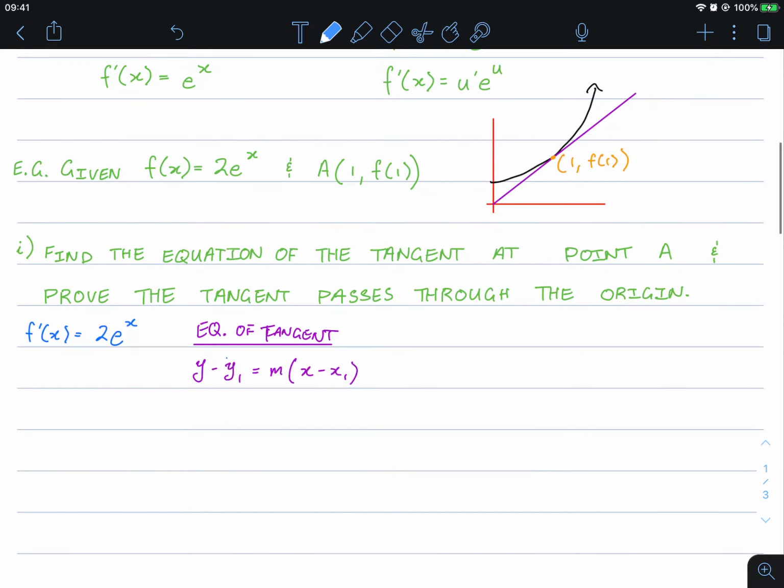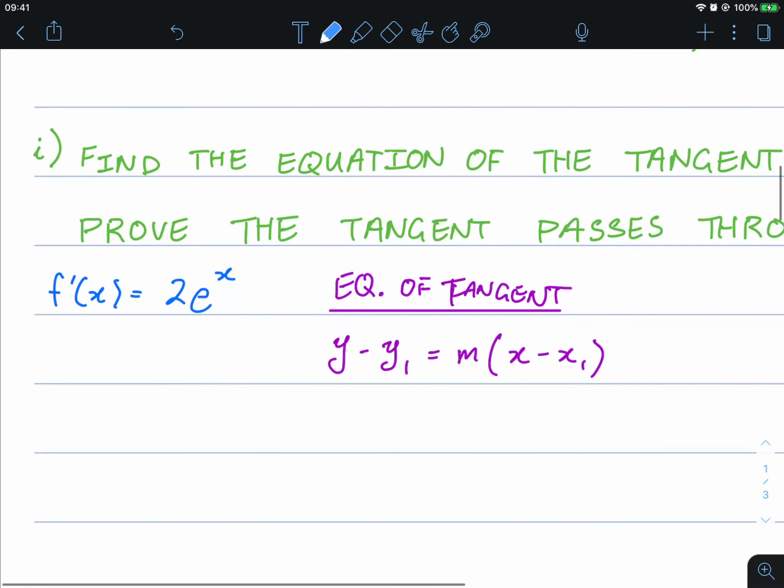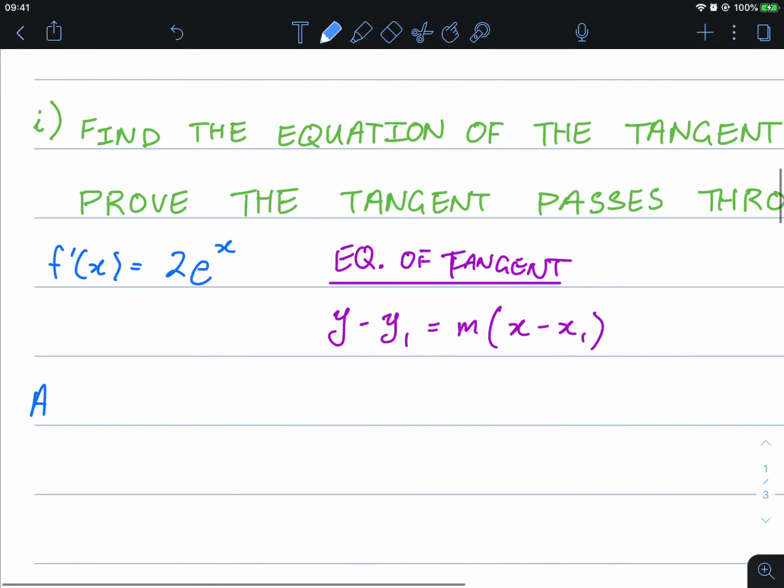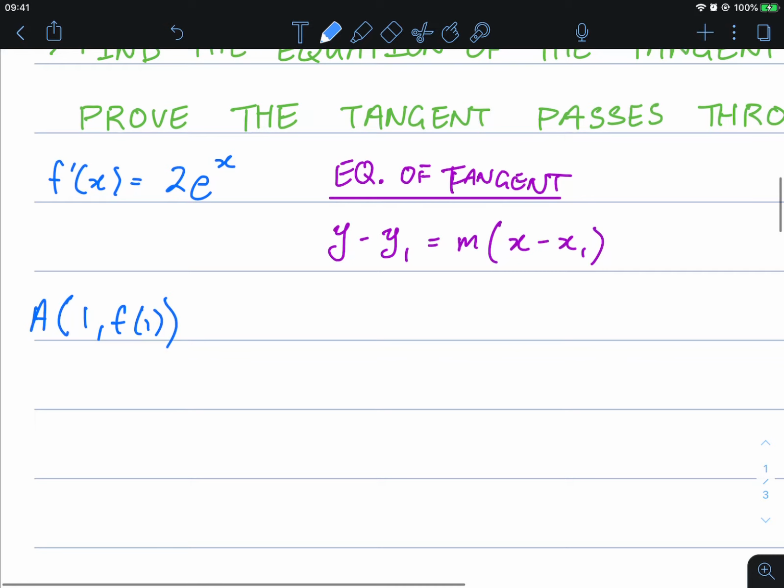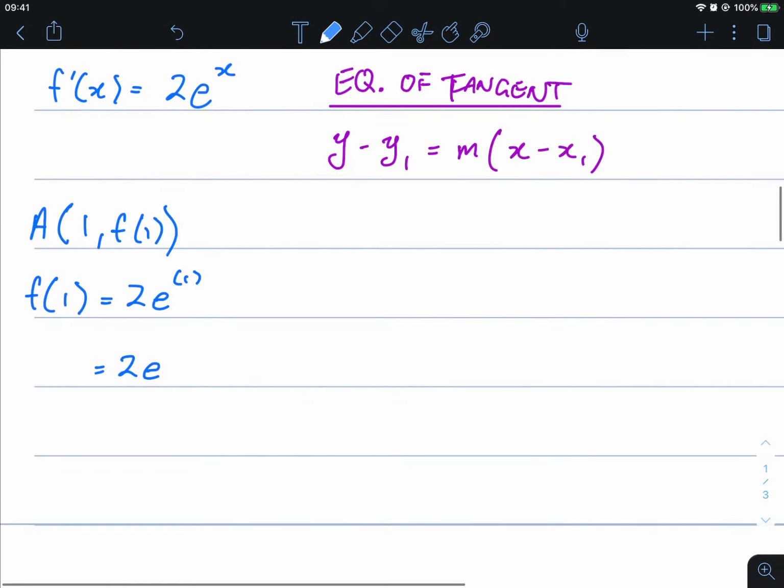So let's find y1 and x1 first. Let's find the point A. We know it's 1, f of 1. f of 1 is, we substitute 1 into the function, 2e to the power of 1. That's just 2e. So the point A is 1, 2e.